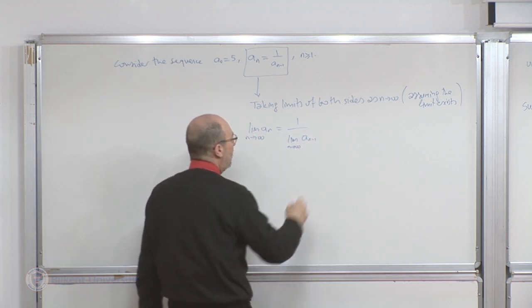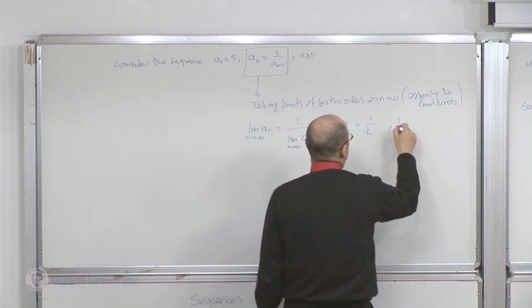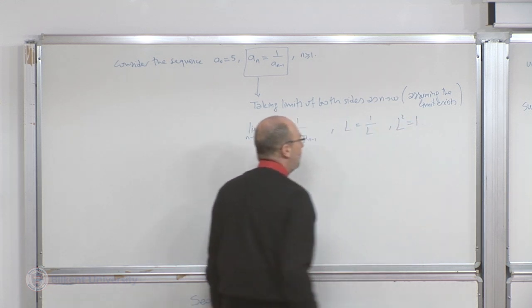So assume that the limit exists, and this is L equals 1 over L. Okay, so this gives you L squared equals 1.